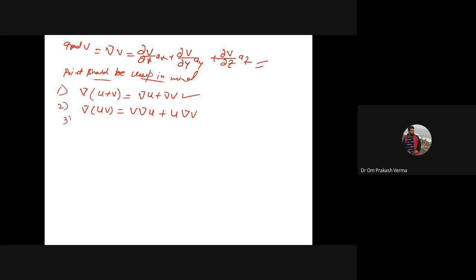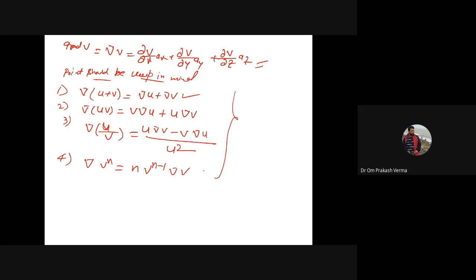And third is the division: del of u by v is v del u minus u del v divided by v square. And if you differentiate del of v to the power n, you can write n v to the power n minus 1 del v. So these are some points you have to keep in mind.